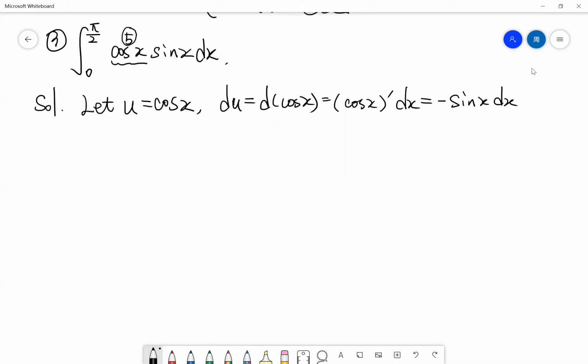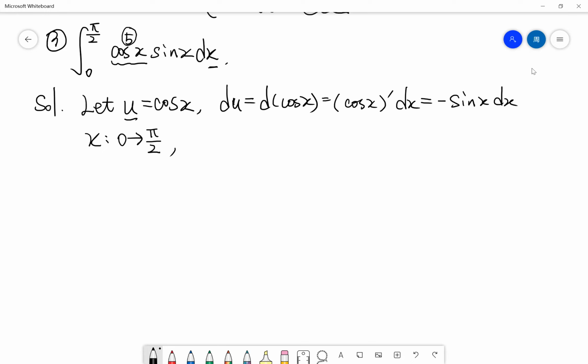And the next step here, don't forget to change the limits of integration for u, right? As we know, x takes values from 0 to pi by 2.